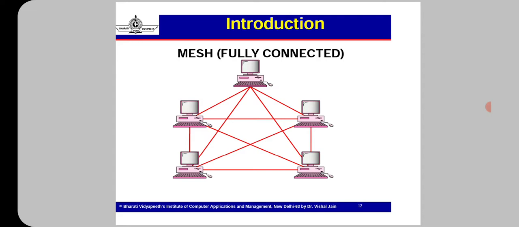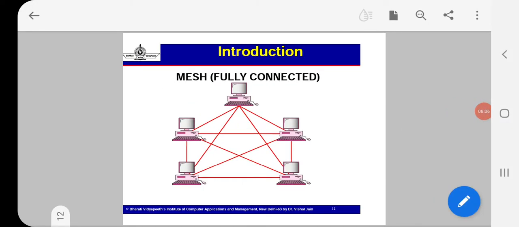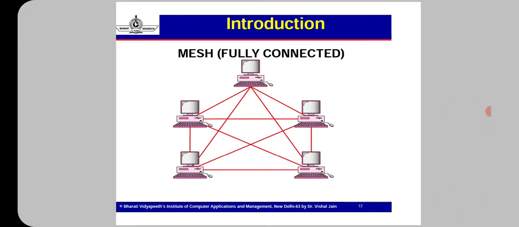The mesh network is designed in such a way that every device is connected to all the remaining devices in a network. This type of setup is called a mesh topology or mesh network.